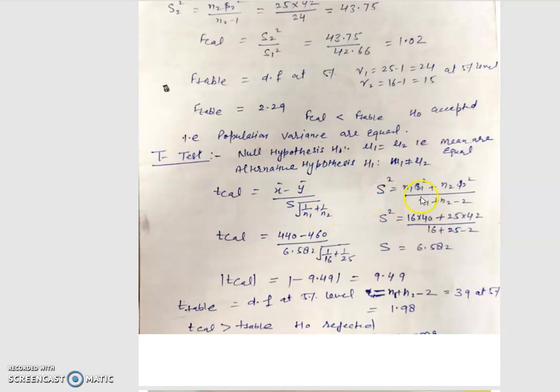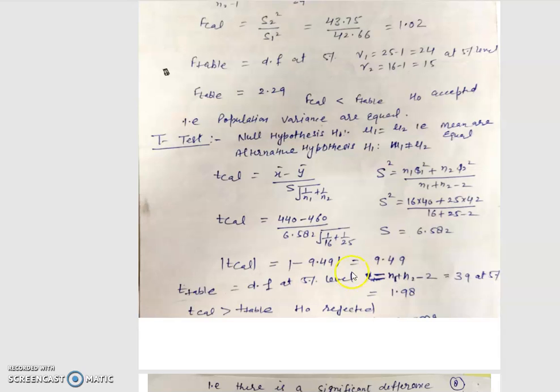Capital S square is n1 small s1 square plus n2 small s2 square upon n1 plus n2 minus 2. All values you have, you can find capital S very easily, and substituting all these values in T calculate, in terms of modulus, we say this value is minus 9.491 and the mod of T calculated is 9.49.